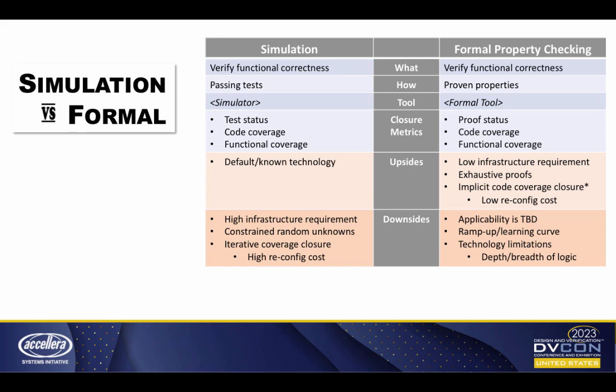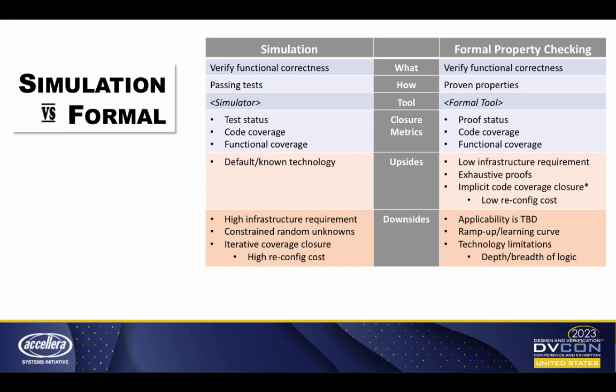Sometimes debug can be pretty challenging because you don't know necessarily where the test is going. And a big pet peeve of mine, there is a high infrastructure requirement. This is specific to UVM, but I think it can be generalized across simulation. As verification engineers, we build a lot of infrastructure as part of a test bench.